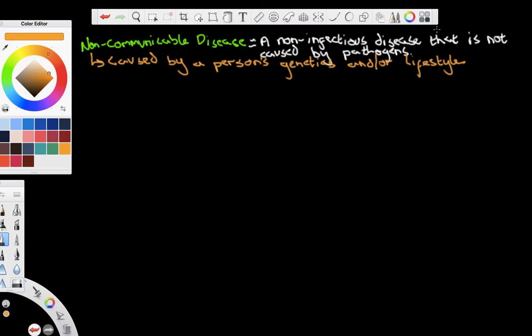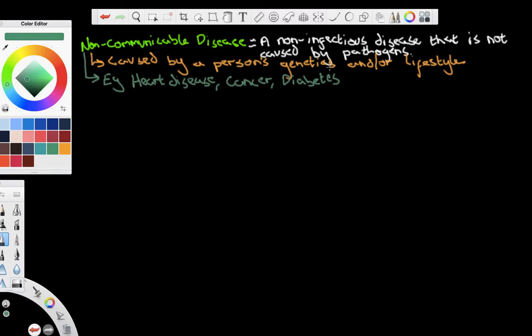Some examples of non-communicable diseases include, e.g., heart disease, cancer, diabetes. These are all diseases that you can't catch from somebody. They're not caused by a pathogen, but instead they're caused by your genetics and your lifestyle.